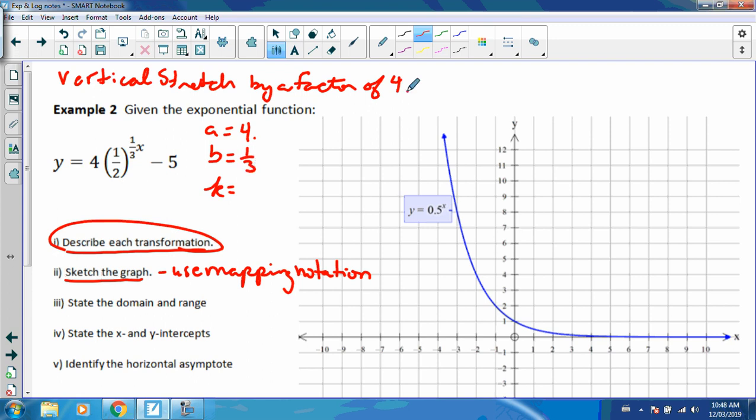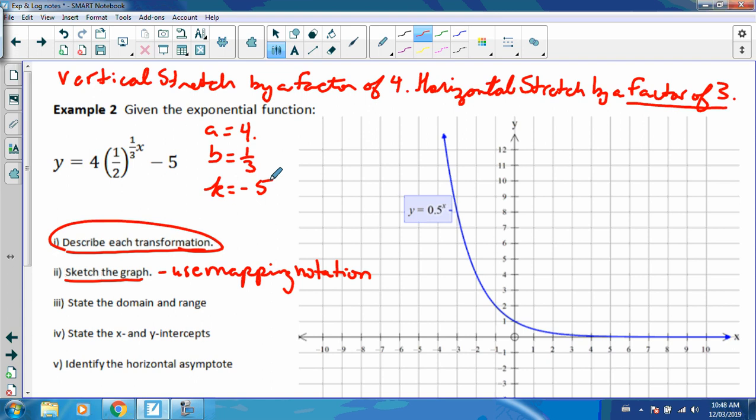So that tells me the horizontal stretch by a factor of 3. Remember that the factor and B are reciprocals. And then K lastly is -5, so that means a vertical translation. And because it's negative, we're going to do 5 units down.